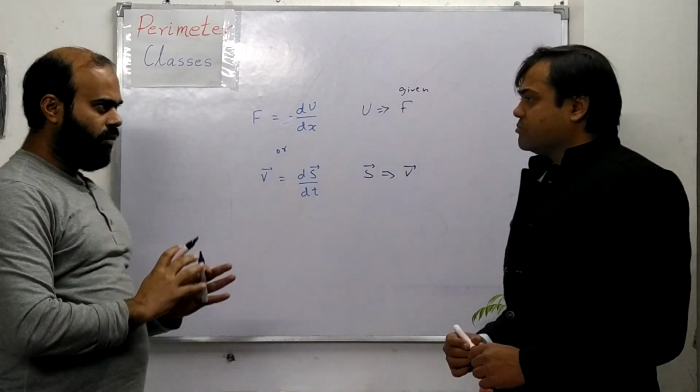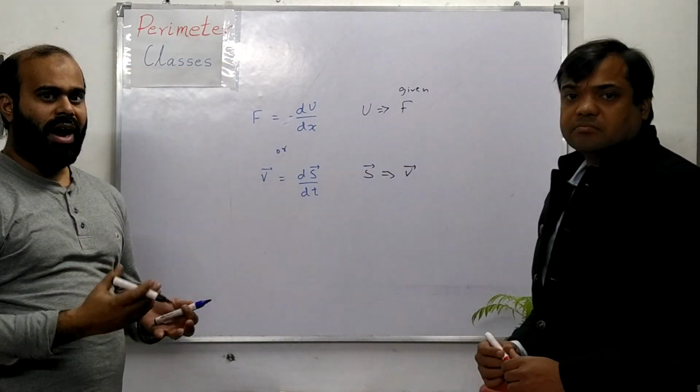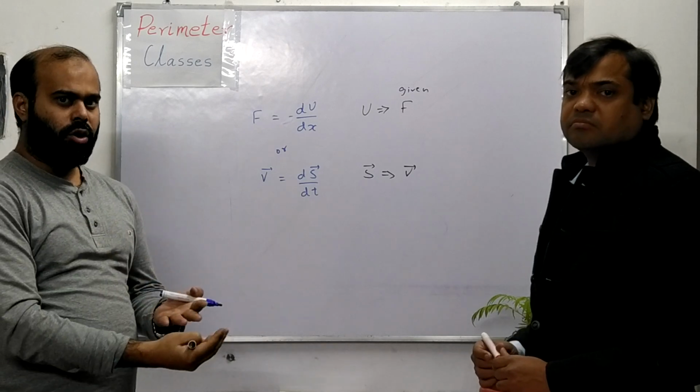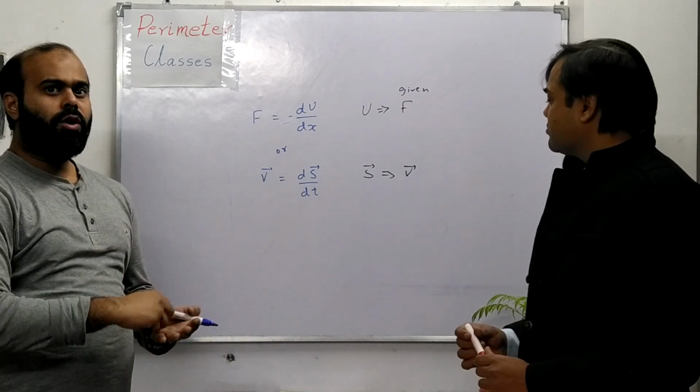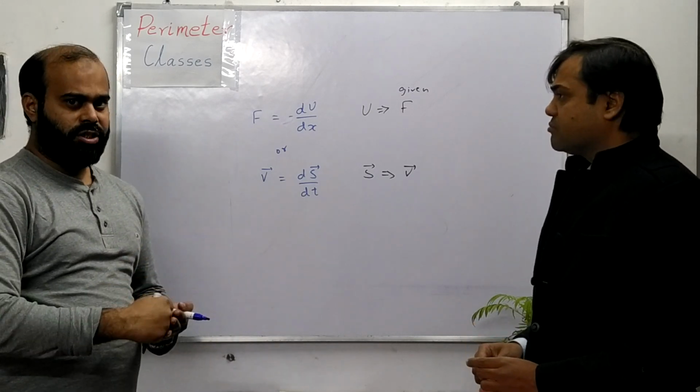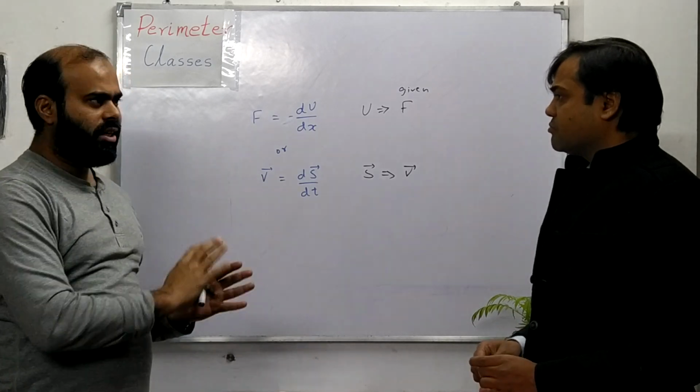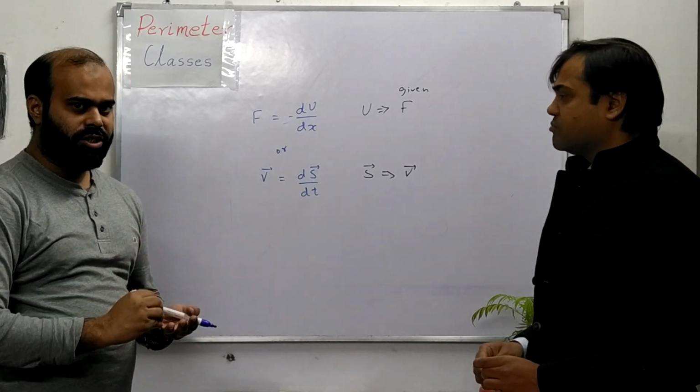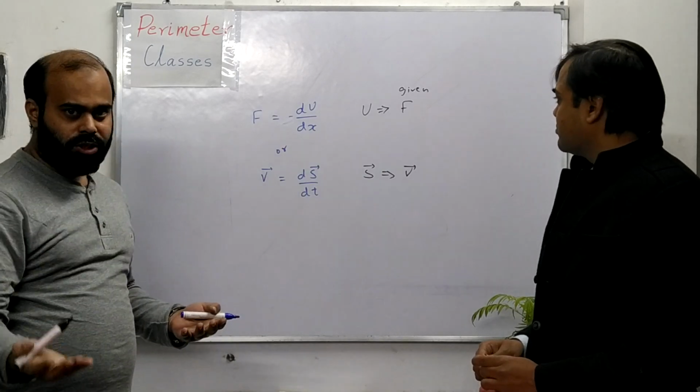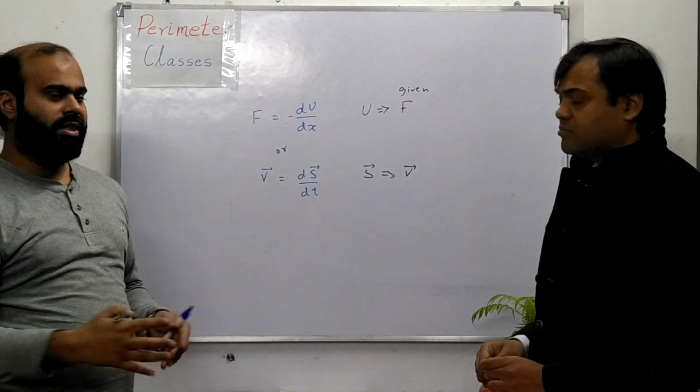So here now we will start the concept of anti-derivative, the opposite or reverse of derivative, which we also call integration. Here we will study indefinite integration. Later on in some other lecture we will study definite integration.